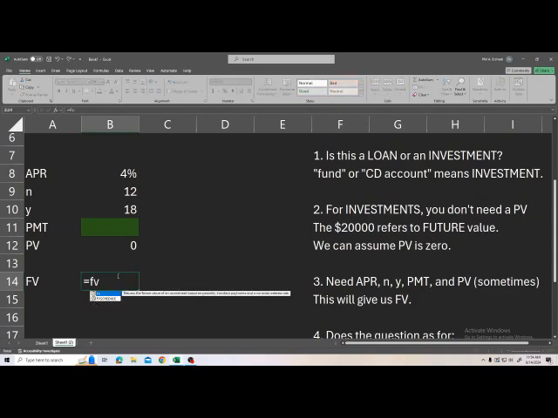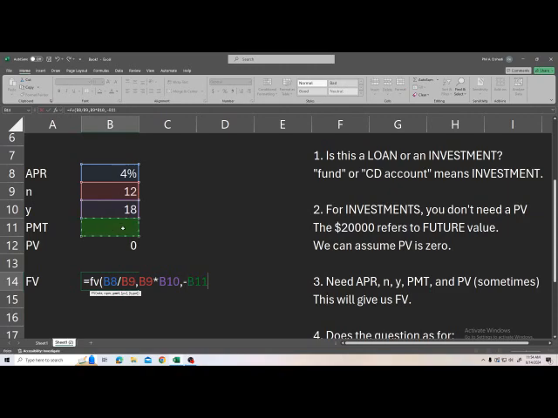We'll say equals FV, parentheses. For the rate, we'll take the APR in B8 divided by the N in B9, comma. For the number of periods, we'll take the N in B9 times the years in B10, comma, negative payment. We'll click the green box for that.